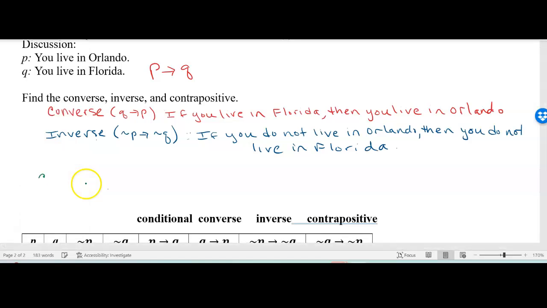Now let's do the contrapositive. Remember, that's if not Q, then not P. Well, now I reverse everything.